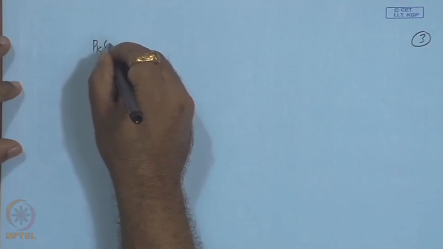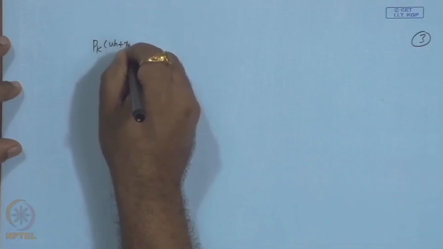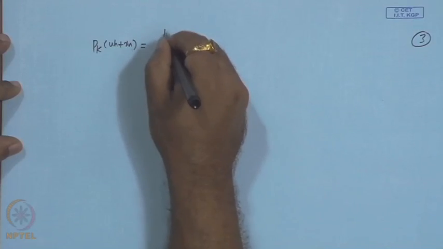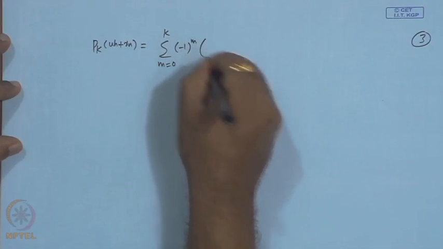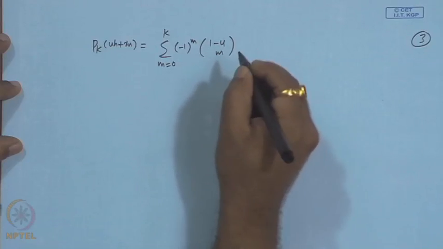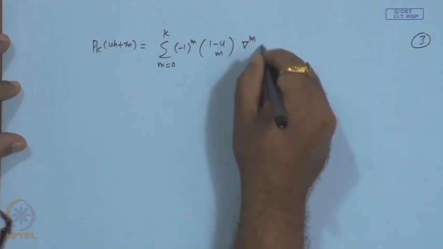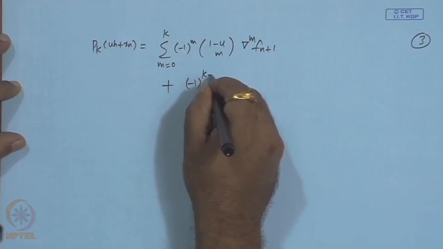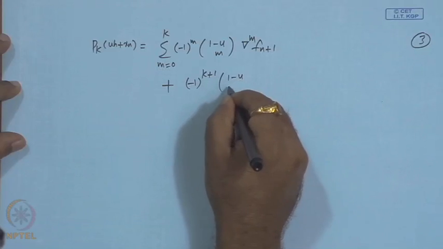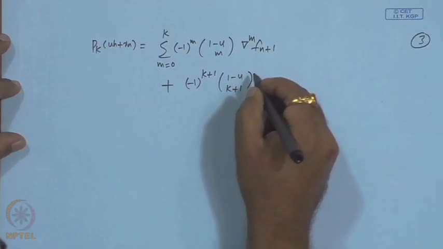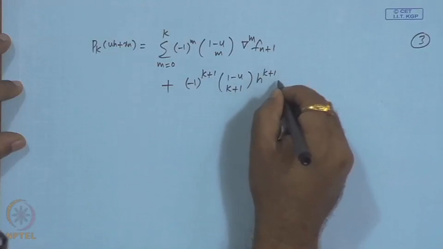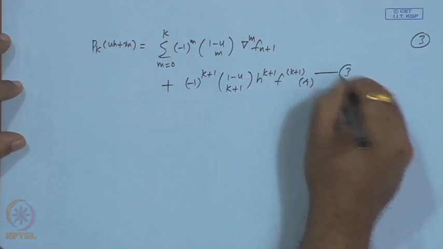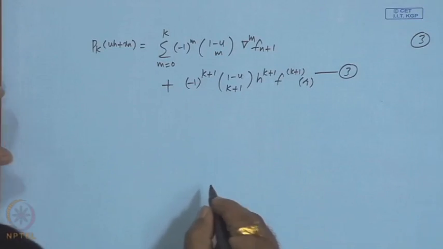So, the polynomial, and this is a remainder term.